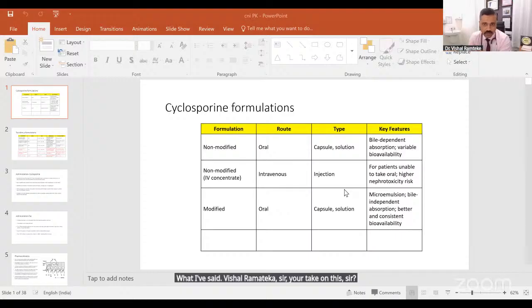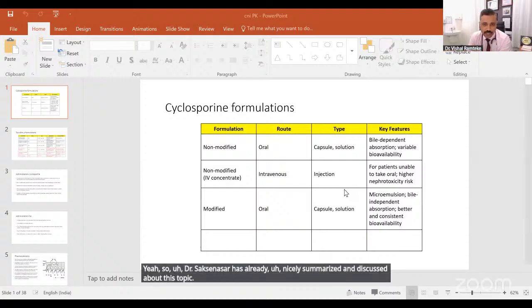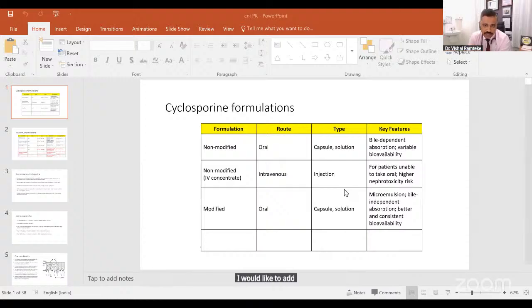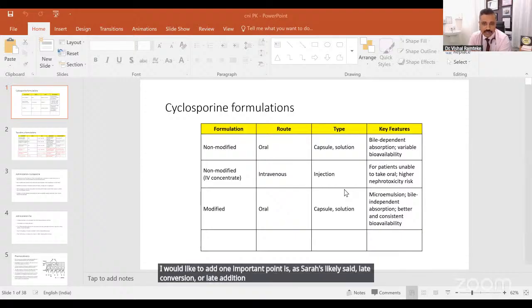Yeah, so Dr. Saxena sir has already nicely summarized and discussed this topic. I would like to add one important point: as sir has likely said, late conversion or late addition. Patient selection is the prime most thing that I would consider.